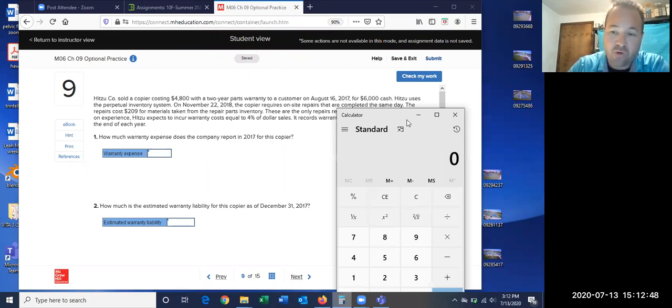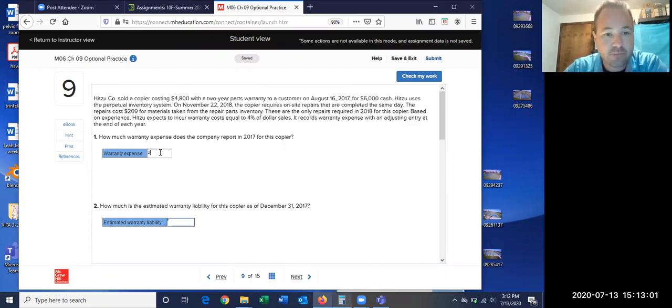We sold it for $6 grand, and we're going to do the journal entry in just a few minutes. But the warranty expense that I need to put on, I'm going to estimate $240 of warranty. And then it says, how much liability do I still have at the end of 2017 of estimated warranty? I haven't used any of it yet, so I still have all $240.